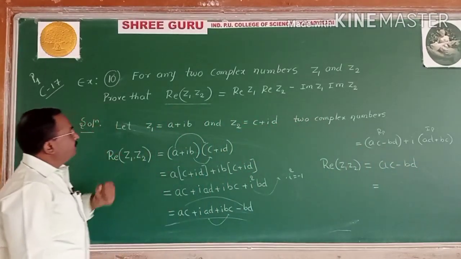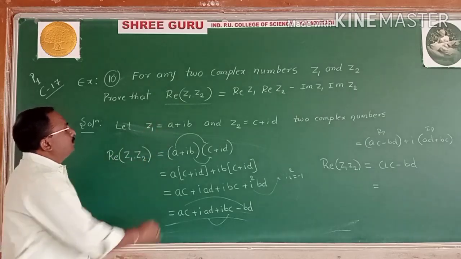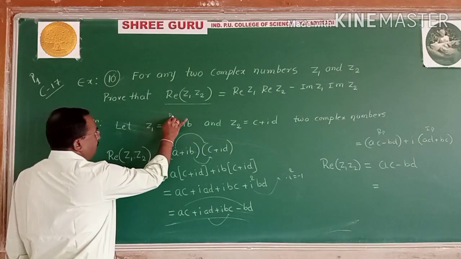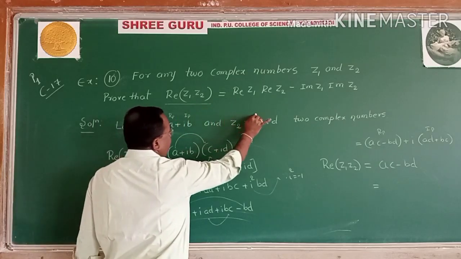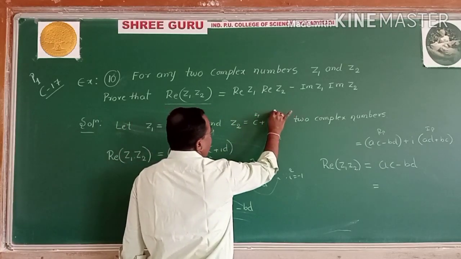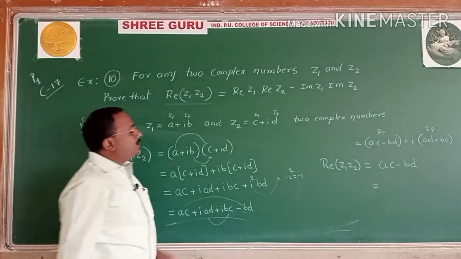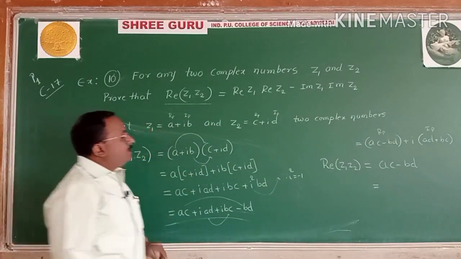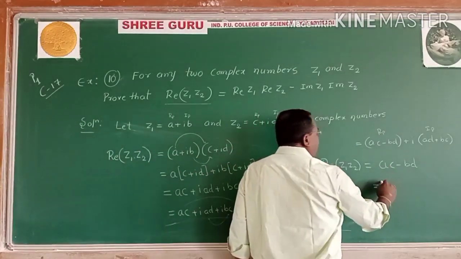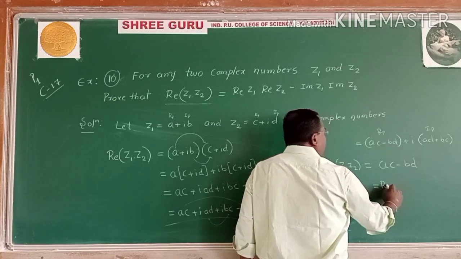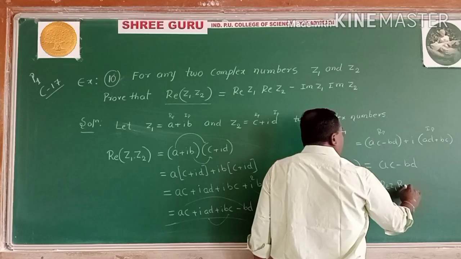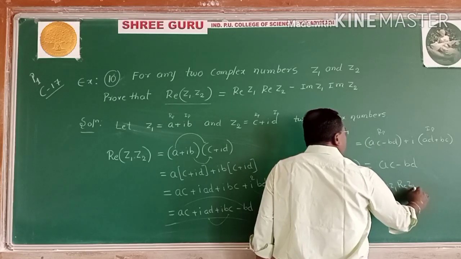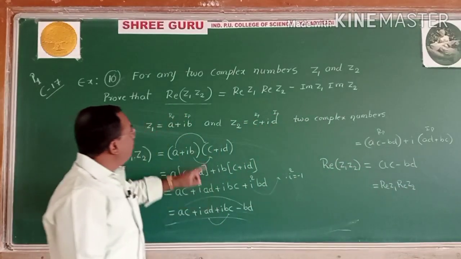Here a is what? Real part, imaginary part. This is the real part, this is the imaginary part. a is what?